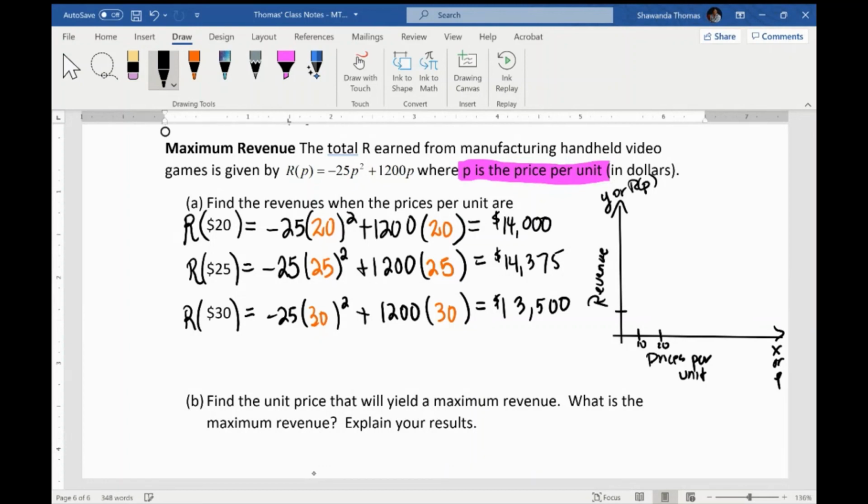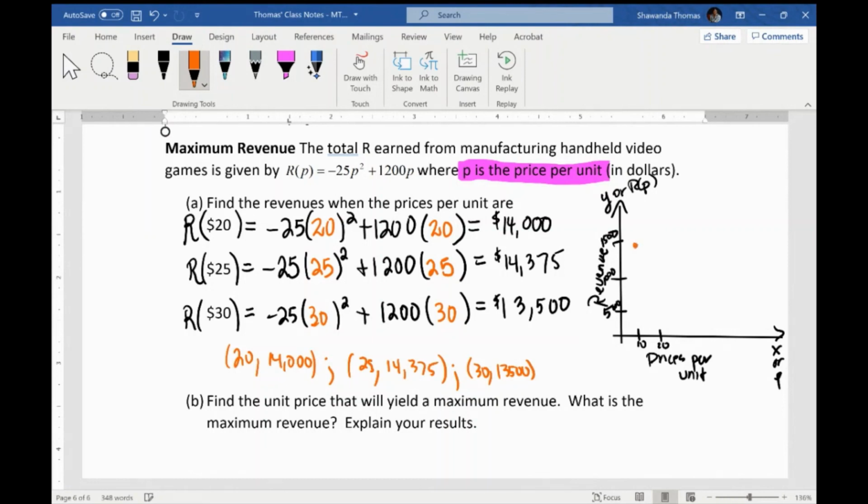So I'm gonna just do a little something right quick. So let's just say this is 10,000. Maybe we should do 5,000 here. 5,000, 10,000, 15,000. So if I plot some points, we have points 20, 14,000. We have 25, 14,375. We have 30, 13,500. All right.